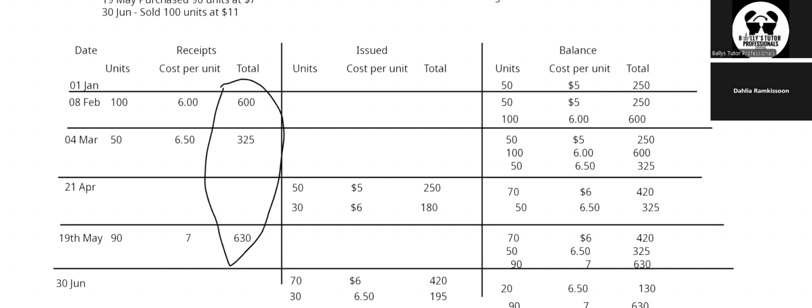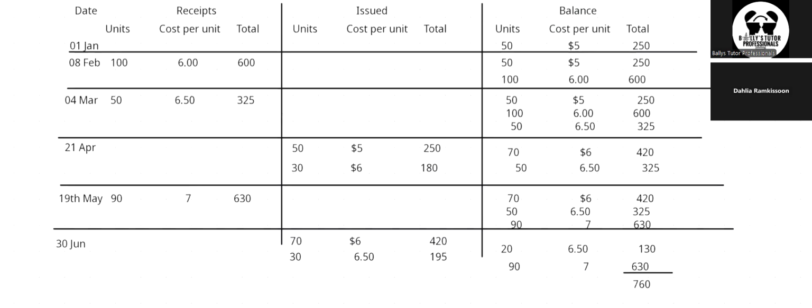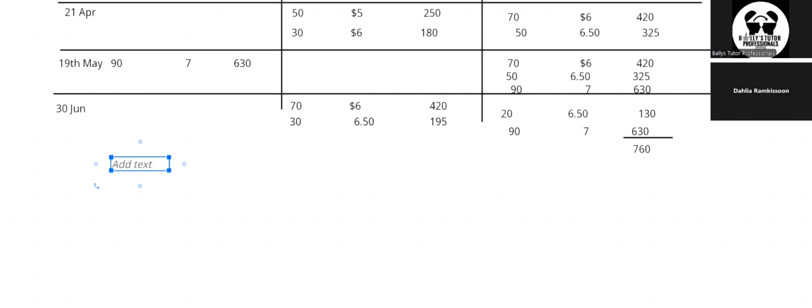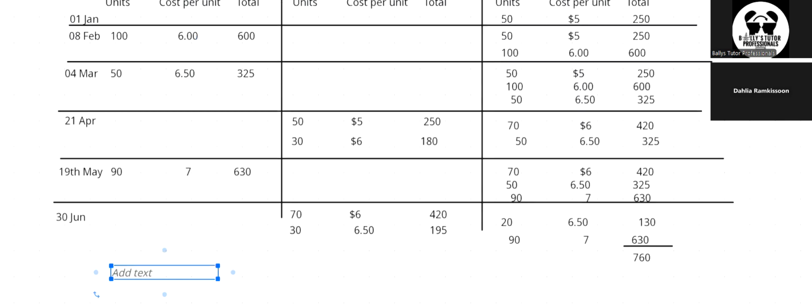Simple as that. Because that's the value of all my purchases. I purchased on the 8th, on the 4th of March, and the 19th of May. So my total purchases would equal 600 plus 325 plus 630, which will equal $1,555.